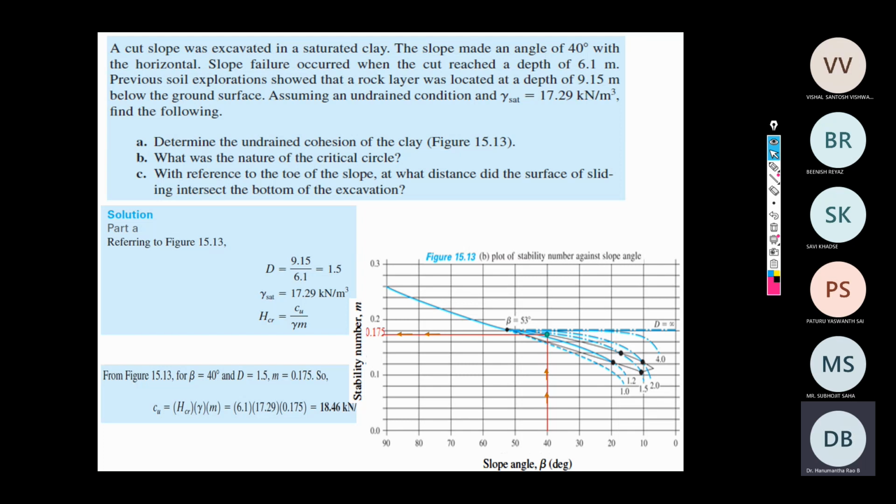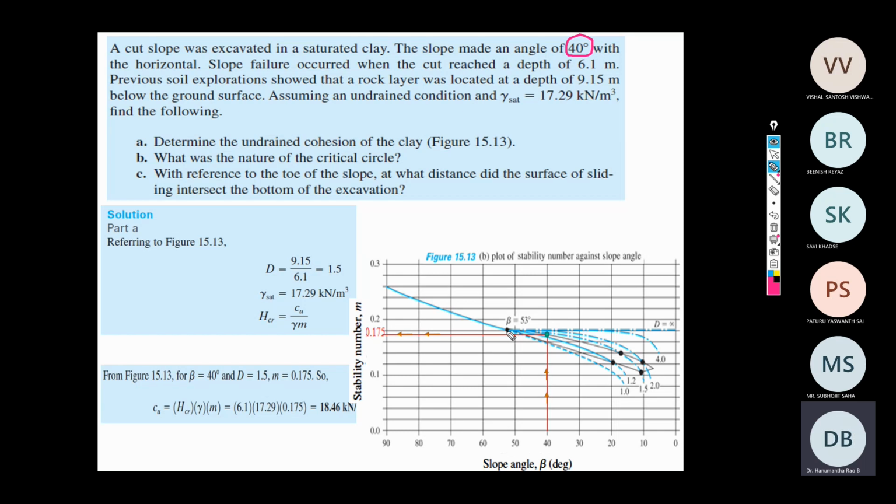Okay, that is additional. Now first part A. Referring to figure 15.13, this is the same stability number. What has been given? Beta is 40. Now one thing you need to understand is when beta is less than 53, it could be toe failure or slope failure.